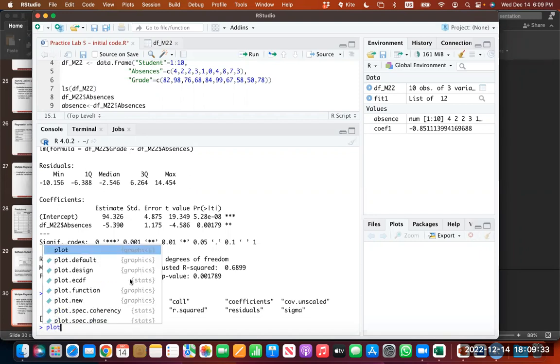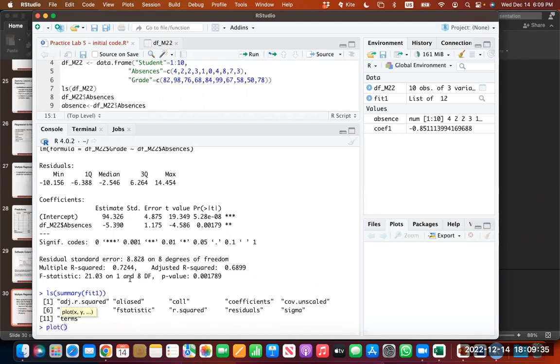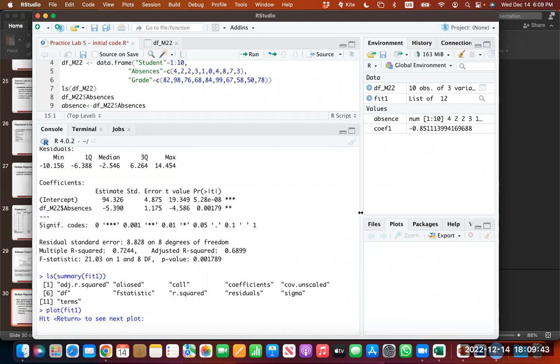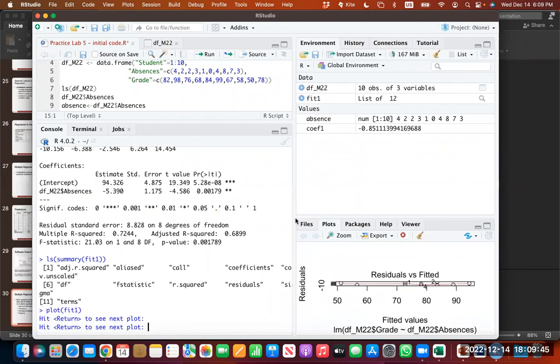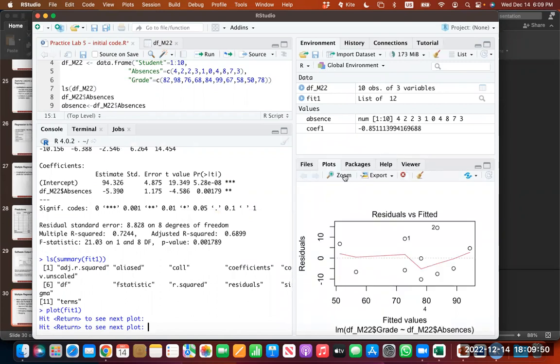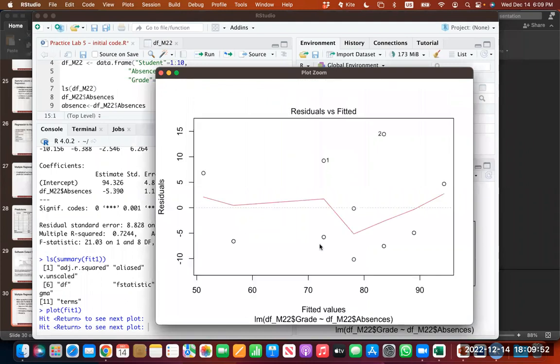What you also can do is plot fit one, and you're actually getting something very interesting. You get very fancy graphs that basically show you so-called diagnostic plots. Don't think too much about it.